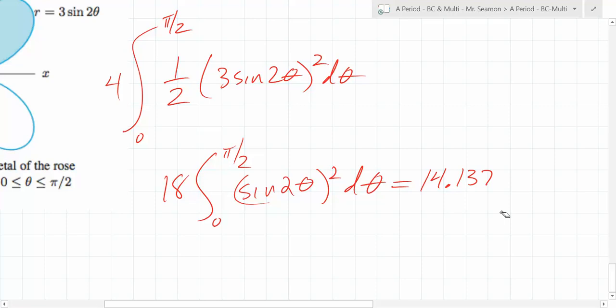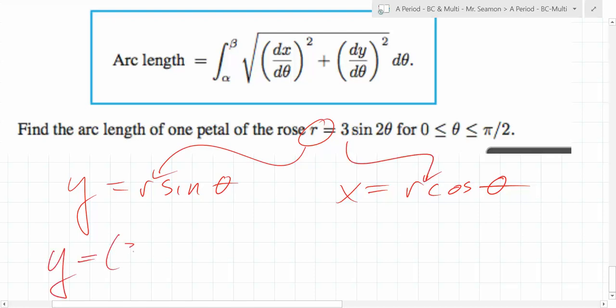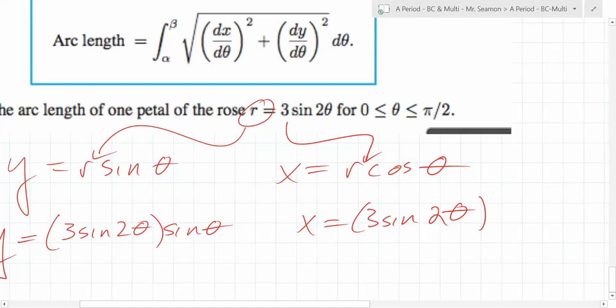It is really, really important that you can do that on your calculator, kids. Yeah, so look, you have r. Where can you plug that in? So what does y equal? 3 sine 2 theta times sine theta, and x is equal to? Not sine theta, yeah, exactly. It is disgusting. Didn't I say that I was going to be terrible?